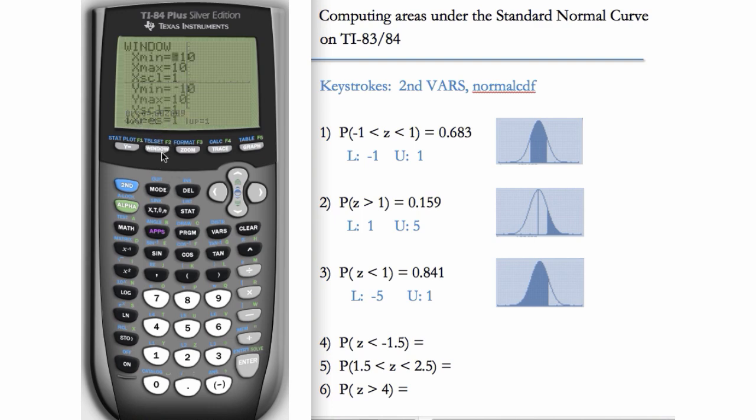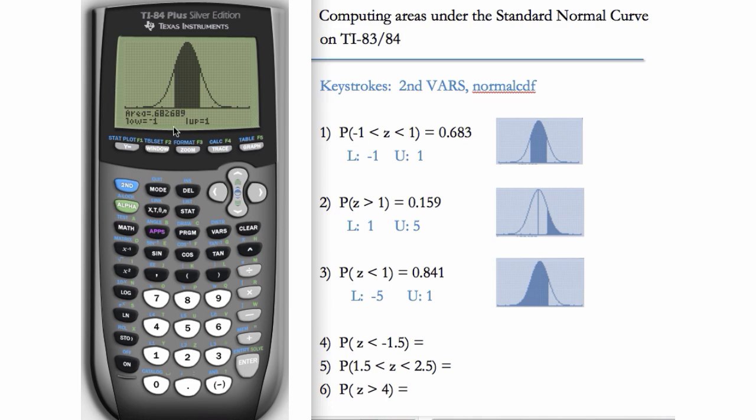If we wanted an appropriate window, we would want z-scores on the horizontal axis, so we might go from -5 to 5. We have density on the vertical axis, so maybe we'll just do something like this so that we can see the curve. And then regraph, and that's a good window for the normal curve.